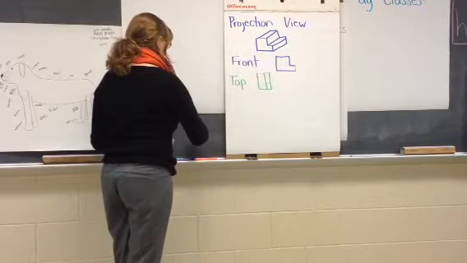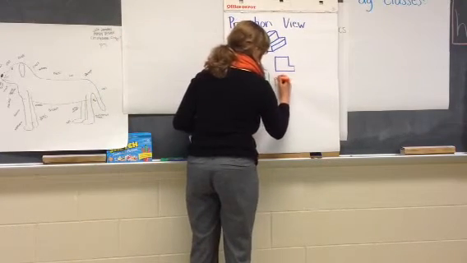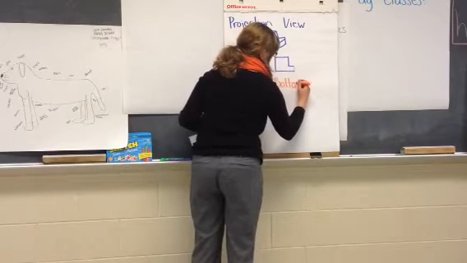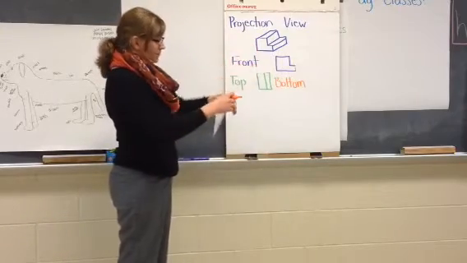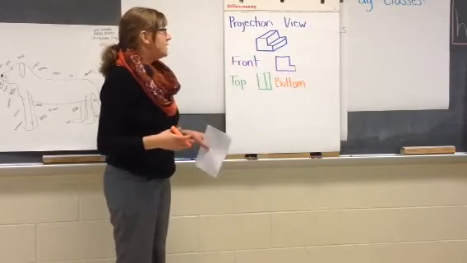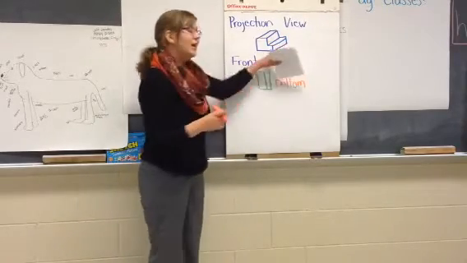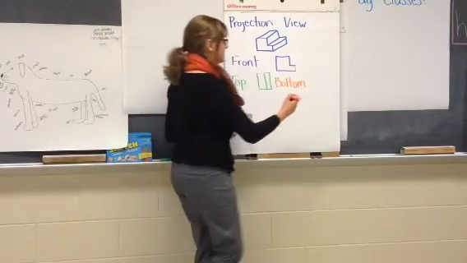Now let's draw the flip side of that, and let's draw the bottom. If you flip it upside down, you want to know that there is this line here. But if you're looking at it from the bottom, you're not going to be able to see it if it's just a flat surface.